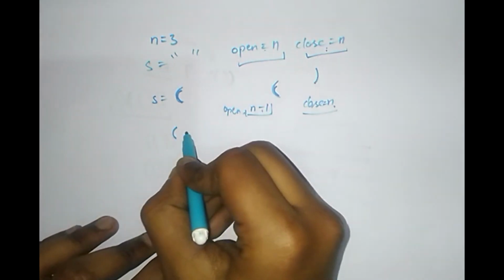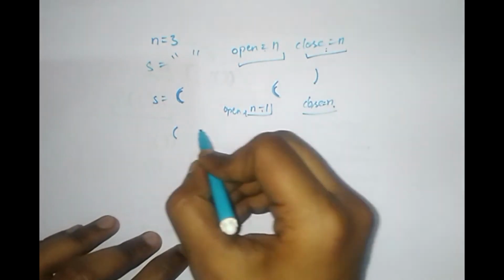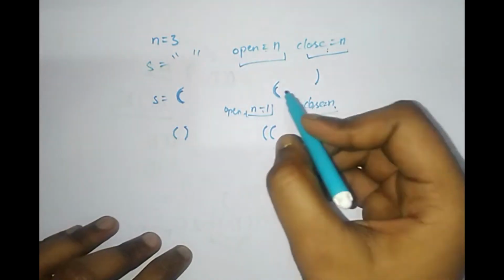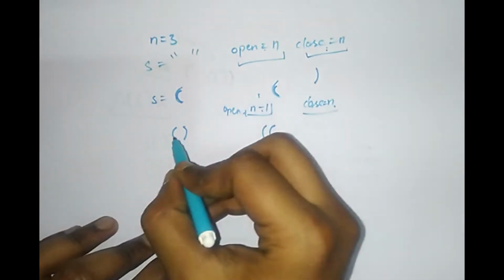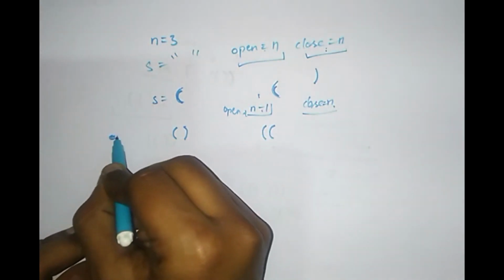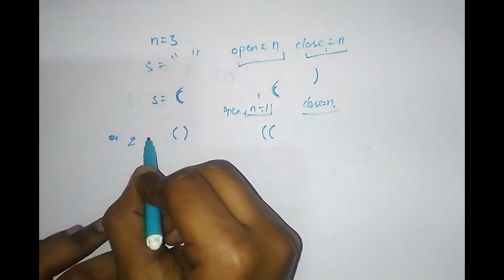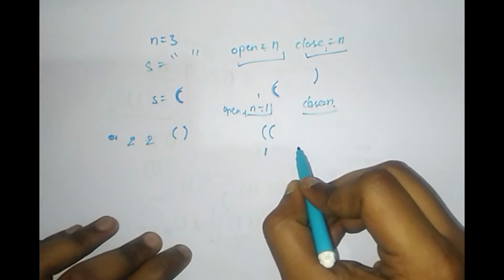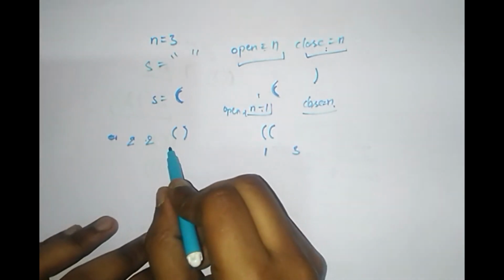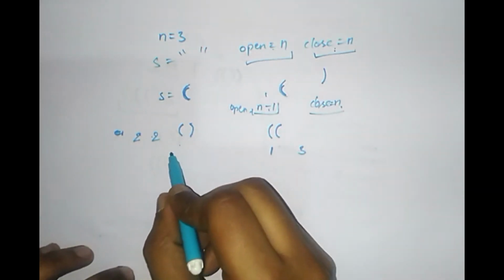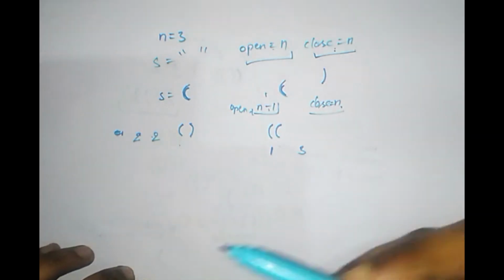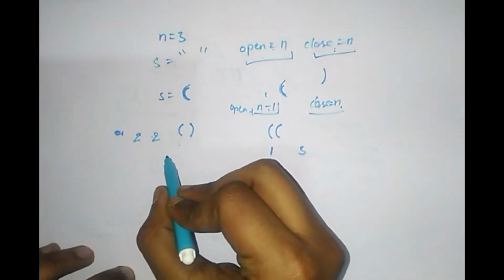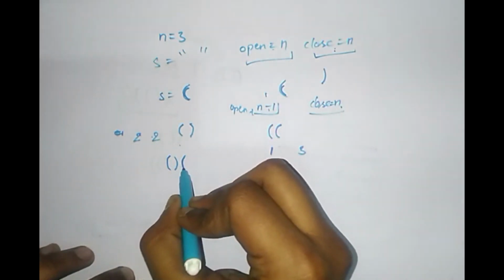Now either I can append a closing bracket, or I can append an opening bracket. Here my opening will be 2 and closing will also be 2, and here my opening will be 1 and closing will be 3. From here we cannot append a closing bracket because 2 is not greater than 2, so I am appending an opening bracket here.